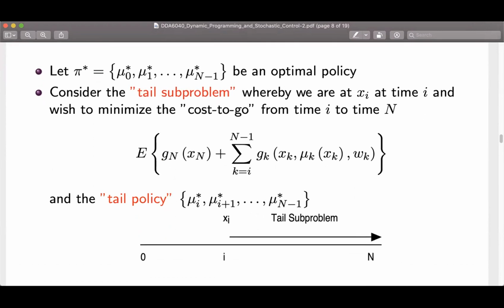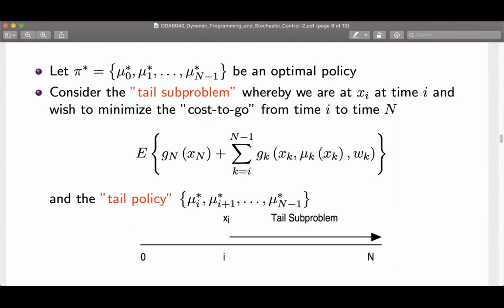In the tail subproblem, we do not start from time 0, but from time i. At time i, we are given state xi. We start from xi, and we want to minimize the cost to go from time i to the end of the problem, time n. This is the tail subproblem starting from time i.